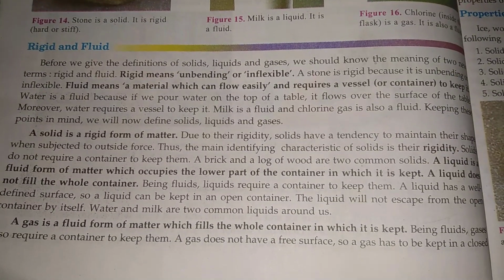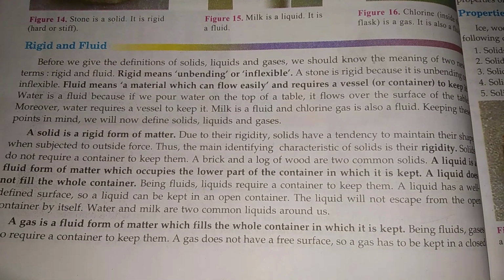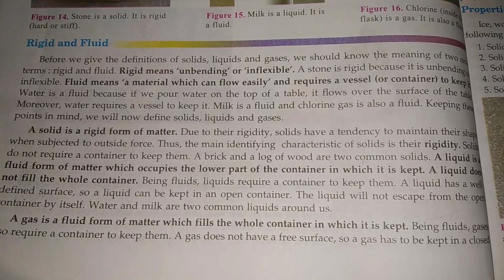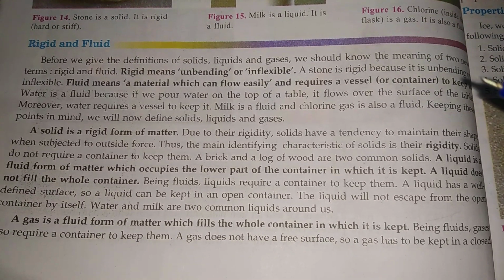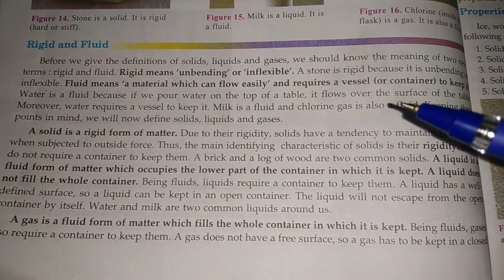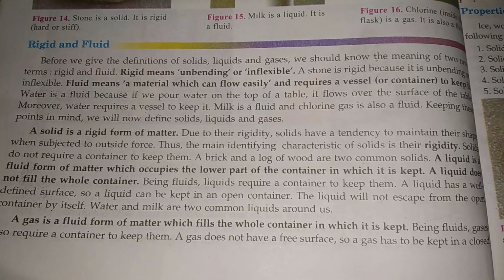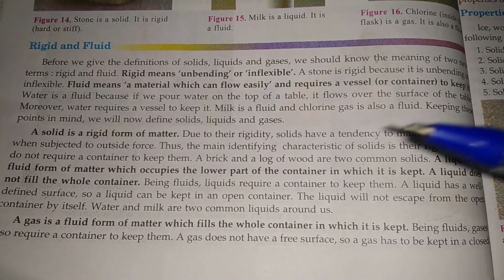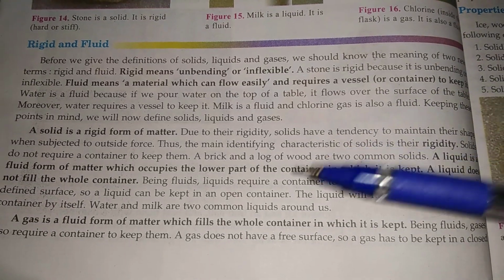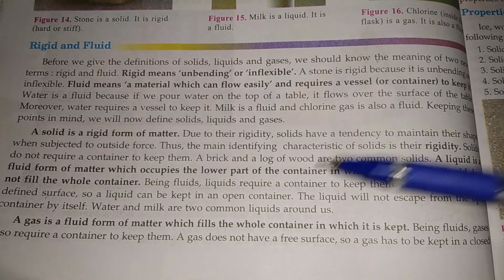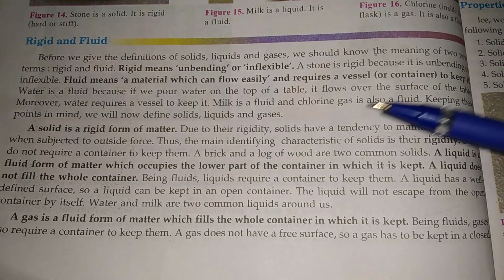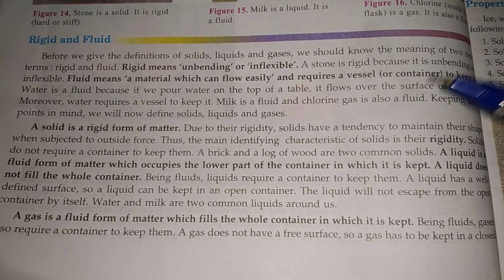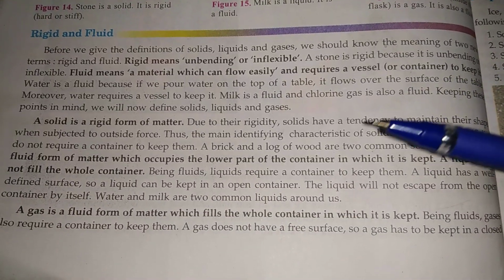And if you want to store the liquid, or the fluid, then you need a vessel or a container to keep it in, right? If you want to store water, then you cannot store water on the top of the table because it will flow. But if you put this water in any container, then you can store it.